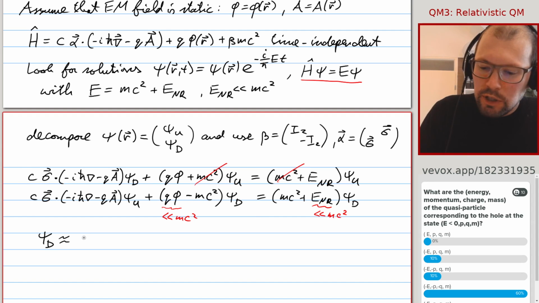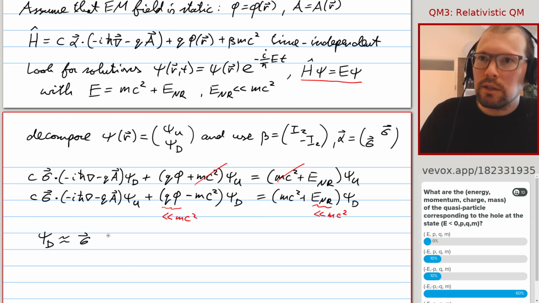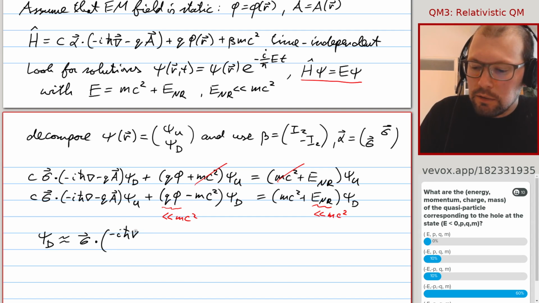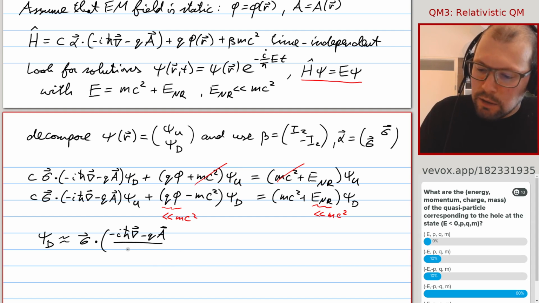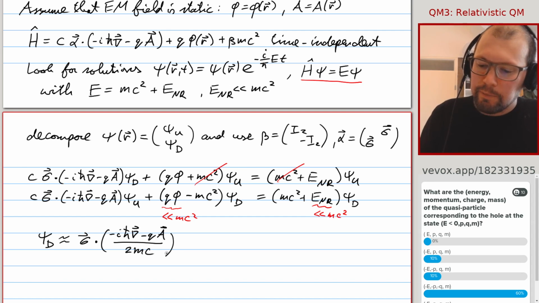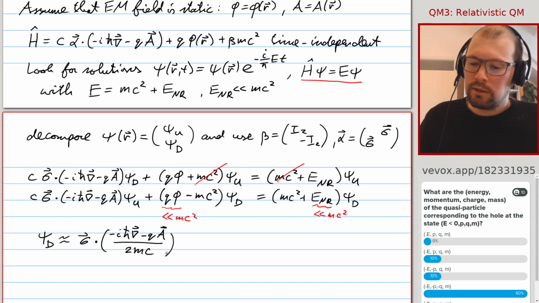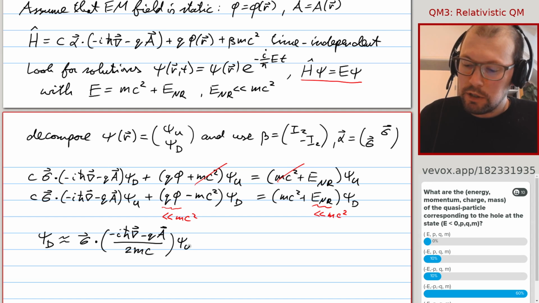So the solution we get for the down component is just dividing by 2mc squared, so we get a 1 over 2mc times psi_u.